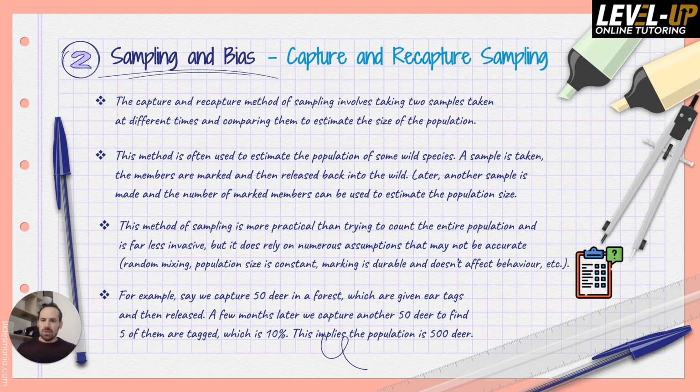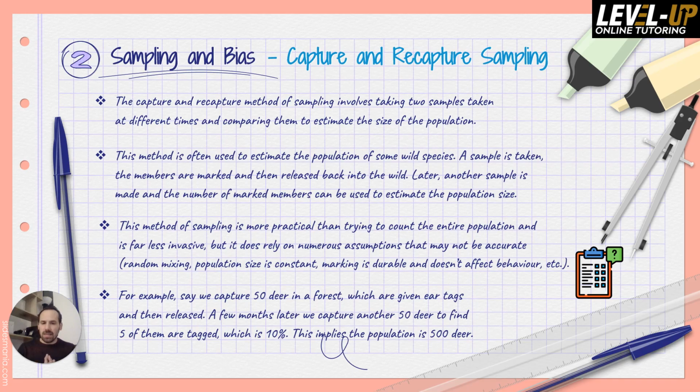Say we capture 50 deer from a forest and we give them ear tags and then we release them again. And a few months later, we capture another 50 deer and we find that 5 of them are tagged. So assuming that 50 deer is representative of the population, the fact that 10% of them are tagged would imply that the first 50 that we captured and tagged is 10% of the full population.